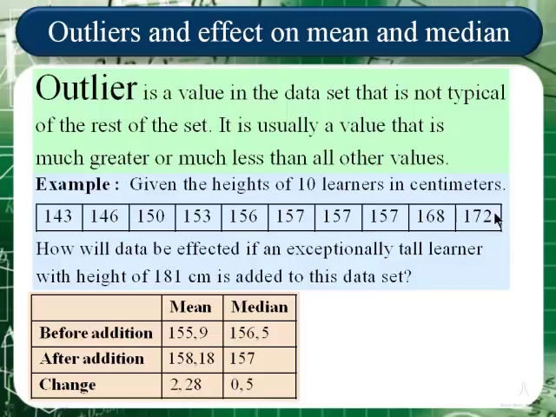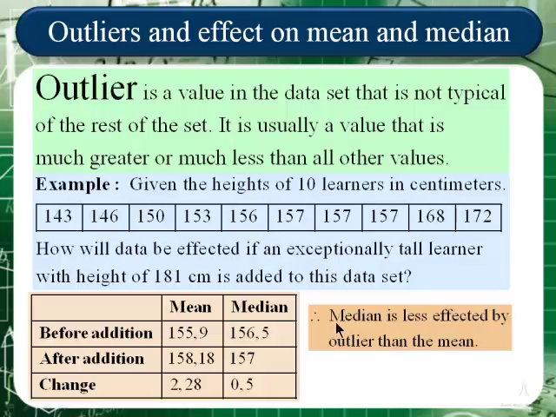If we look at the median, we now have 11 values, and 11 plus 1 divided by 2 is 6, so the rank is 6. The data value in position 6 is 157. So the change is only 0.5. We observe, therefore, that the median is less affected by an outlier than the mean.